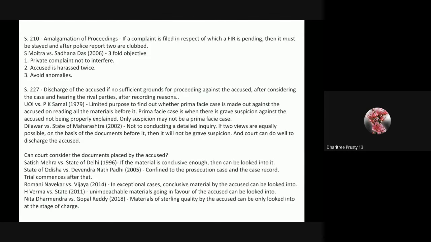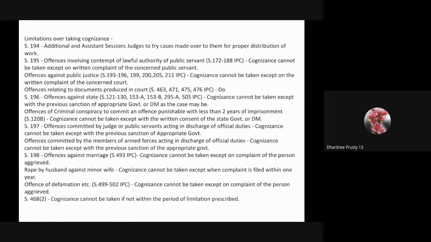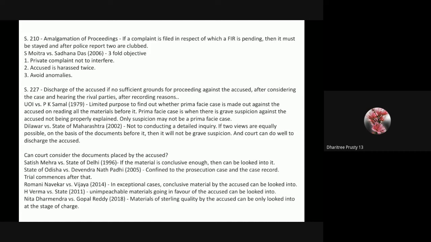227 is discharge. After making sure that the sessions trial cases are committed, and supplying of copy has already been done, at this stage the court has basically two options: either to discharge the accused, or to charge the accused if it does not discharge him.